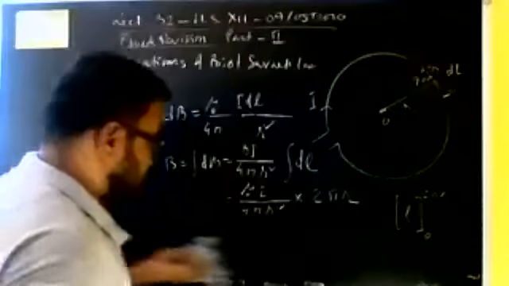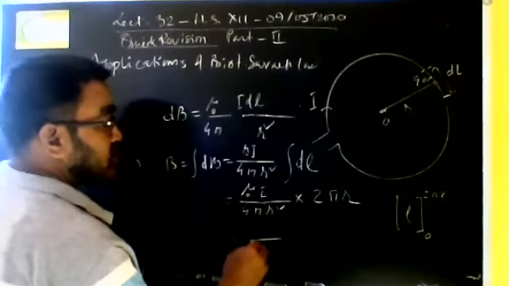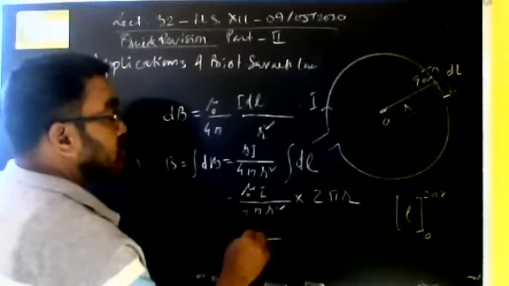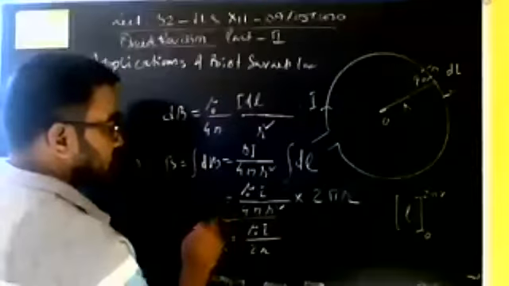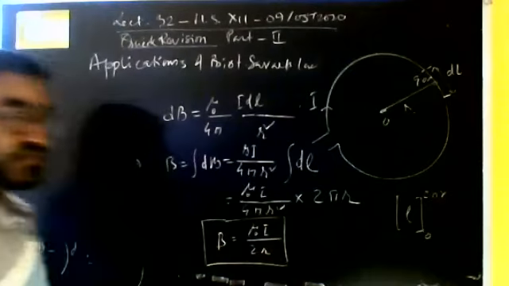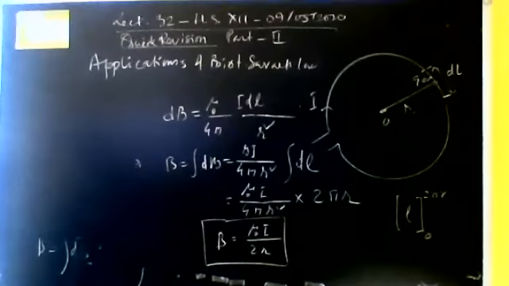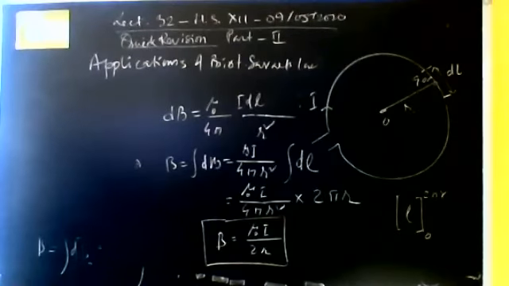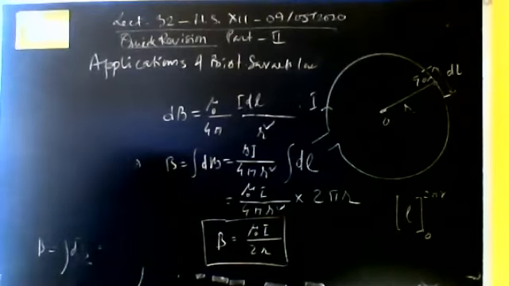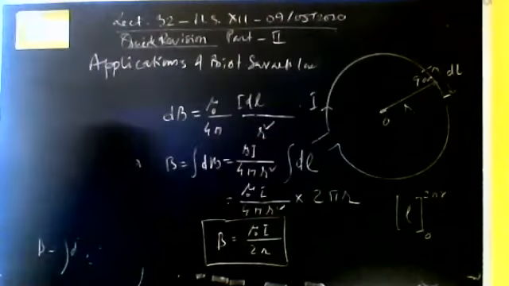So after calculation, what will you get? Twice pi will cancel, giving mu naught I by 2r. So B is found like this, right? So this is the application for the circular loop at the center.